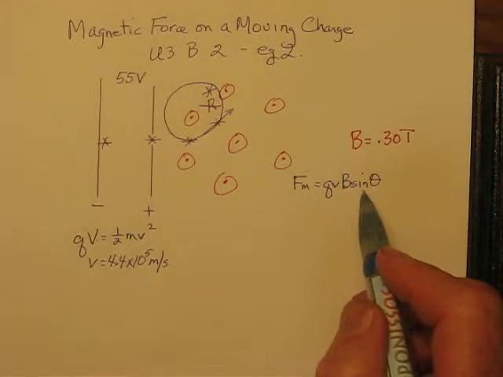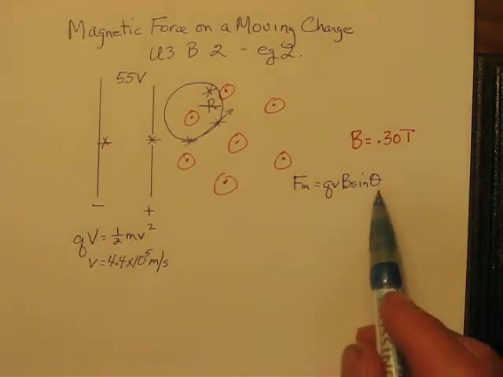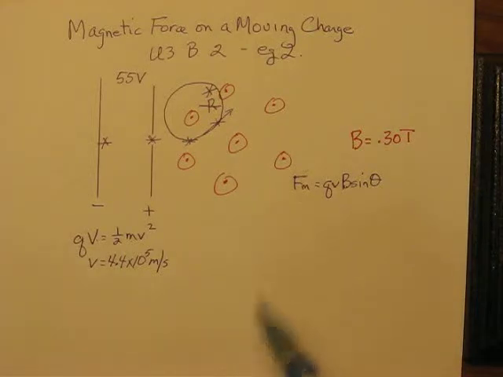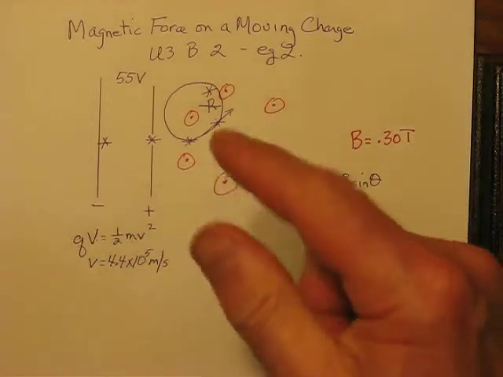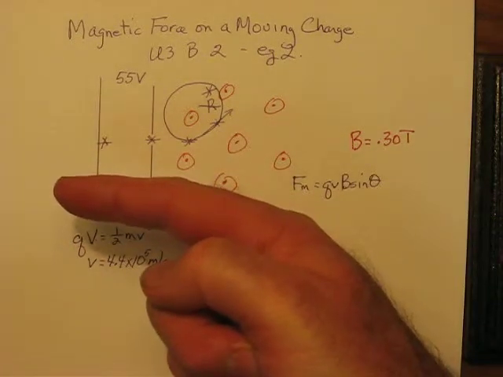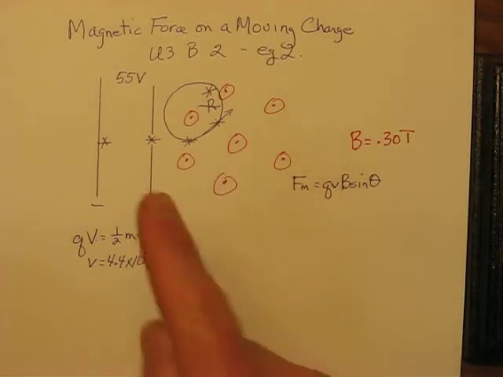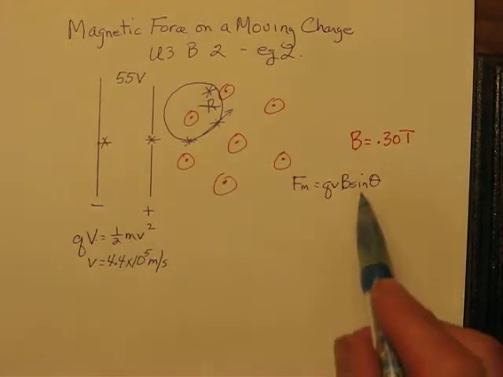The sine theta, what does it mean? Theta refers to the angle between the velocity of the charged particle and B. If we take a look at the velocity of the charged particle, it is actually this way because it's the velocity of the current. So that direction and the magnetic field up, there's an angle of 90 degrees in there, so it becomes sine 90.